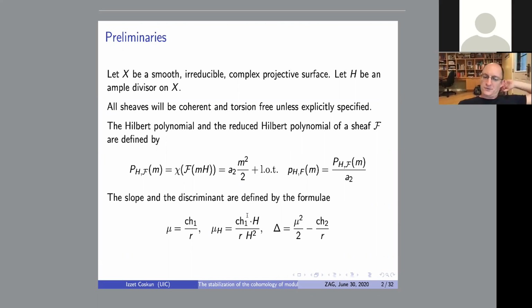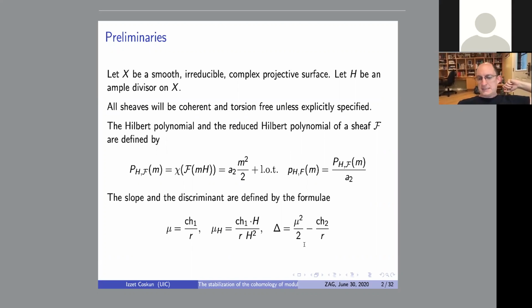So let me give you the formula. It doesn't matter too much what these precise formulae are, but so that you just see them one time. So the slope is the first Chern class divided by the rank. The H slope is, if you dot the first Chern class by H and divide it by the rank, sometimes you normalize it by also dividing it by H squared.